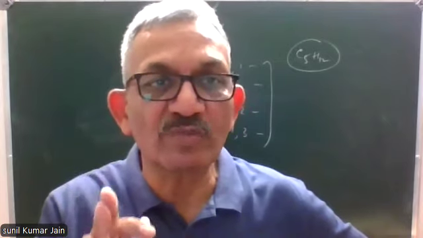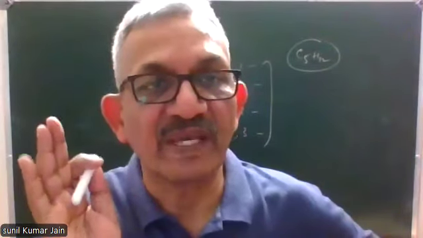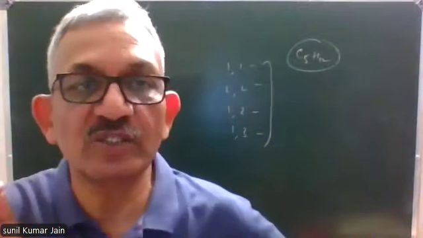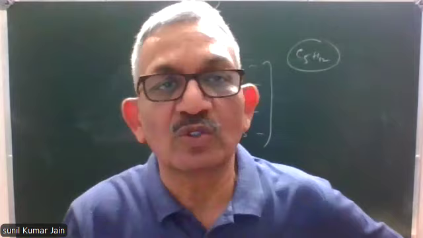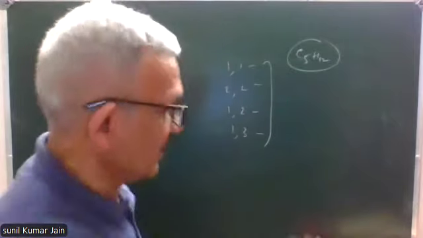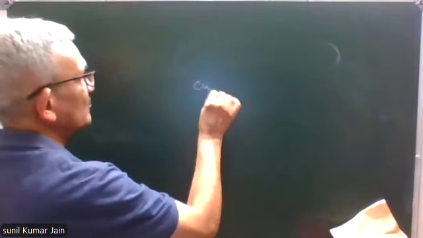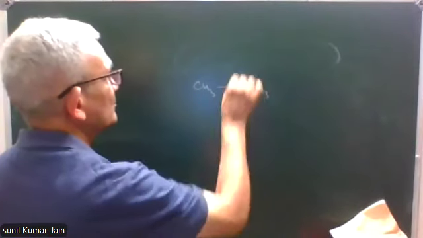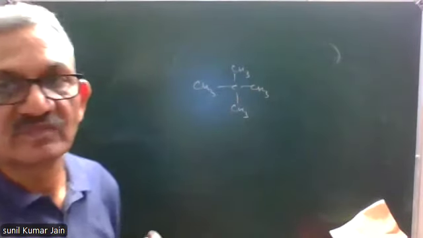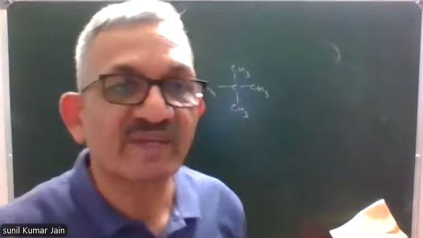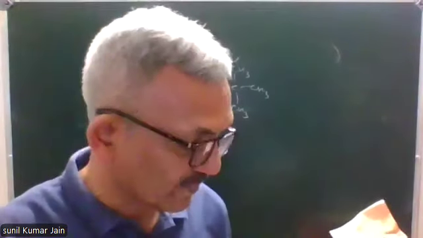So which isomer with this formula will give only one product? That isomer is neopentane, but you have to write the IUPAC name. So the IUPAC name will be 2,2-dimethylpropane. This is the compound. You replace any one of the 12 hydrogen atoms, every time the product obtained will be the same.